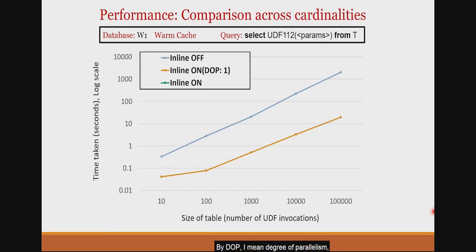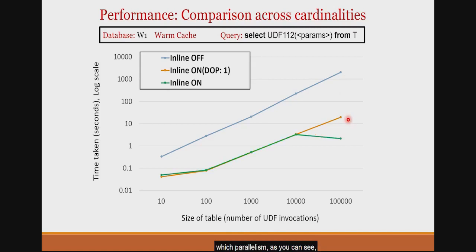By DOP, I mean degree of parallelism, which means that the brown bar I'm showing runs Froid optimizations but disables parallelism, just to identify the additional benefits we get through parallelism. As you can see, at higher cardinalities we get up to 2 orders of magnitude improvement in the time taken to execute, on a log scale.